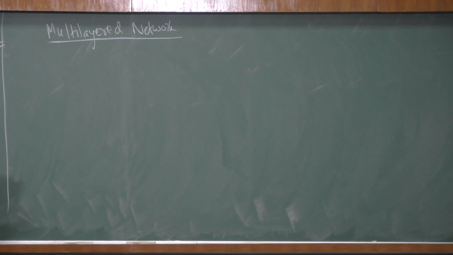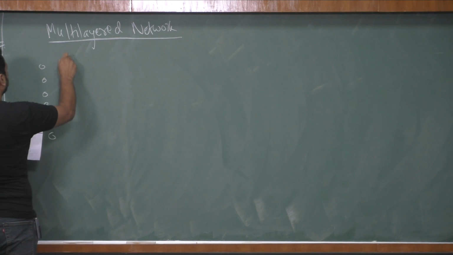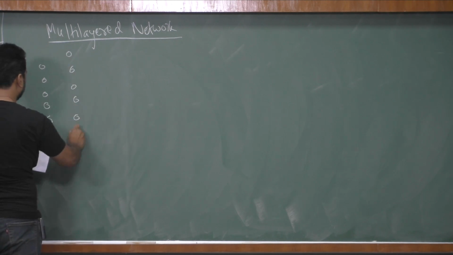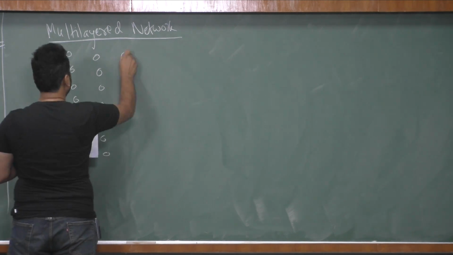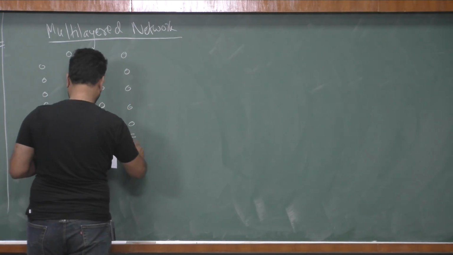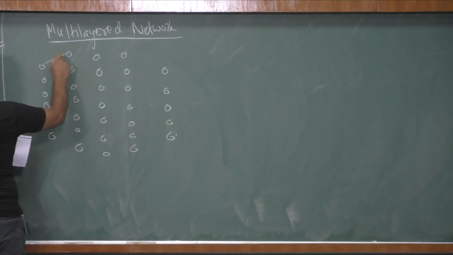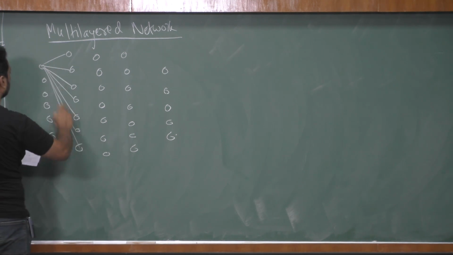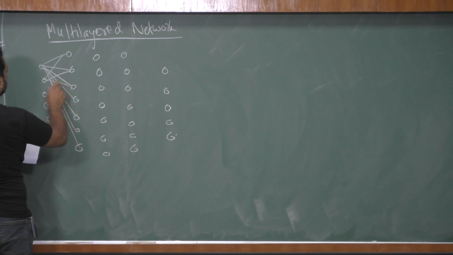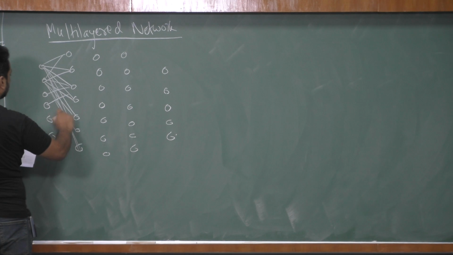In this case, I will have input units, and then I will have hidden units, and then there are connections. We will consider a fully connected network, meaning all nodes are connected to all other nodes. So each input unit is connected to each other, and so on. Basically all connections are possible.